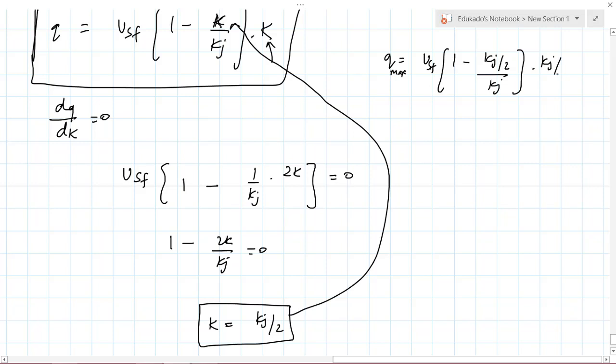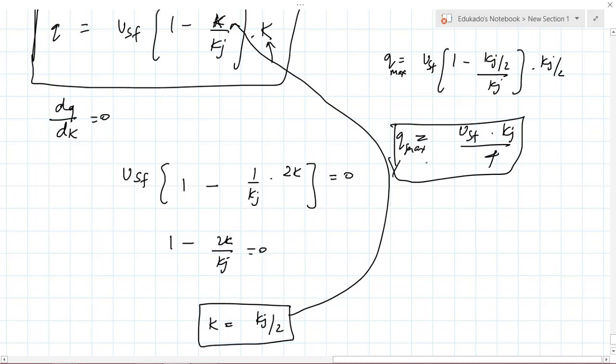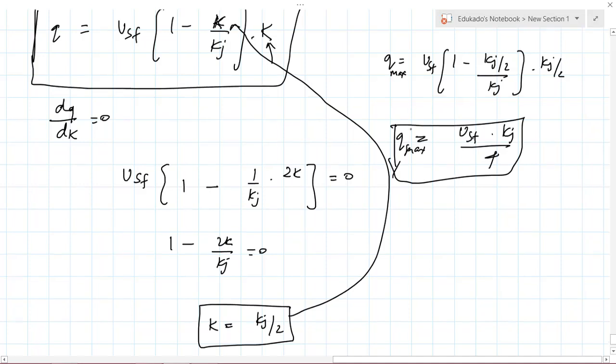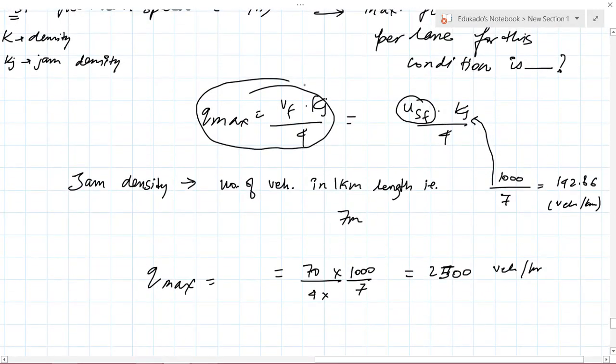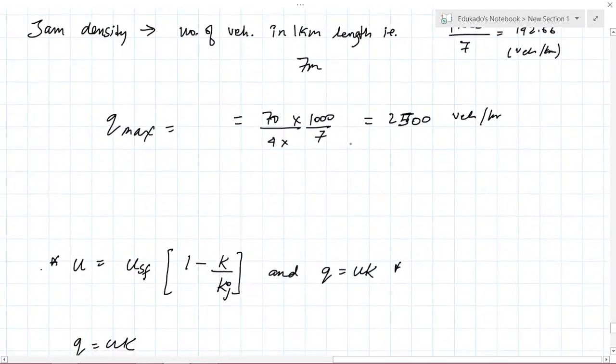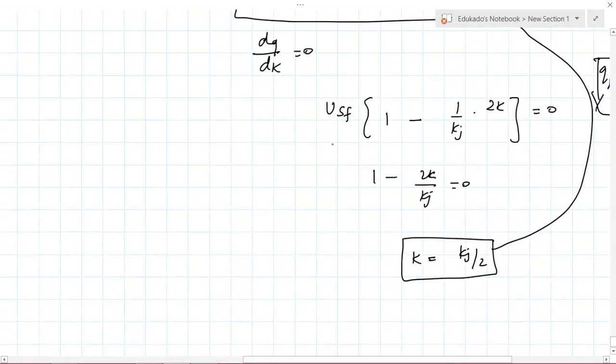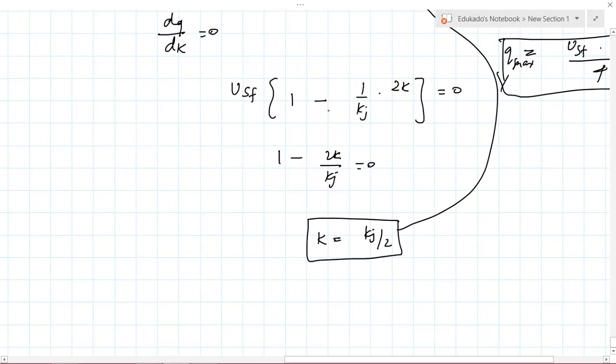Outside also there will be Kj by 2. After solving it, you will get USF multiplied by Kj divided by 4. So this was how this equation was derived. You can directly just remember this as I remembered before. To calculate the answer, you will get the same answer, of course. So this question came in 2006.